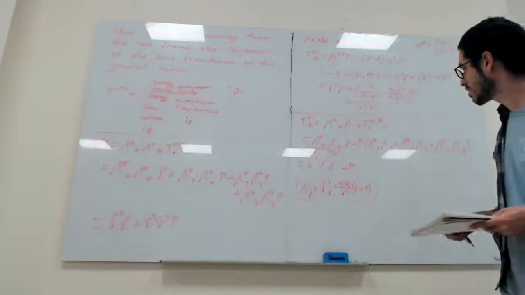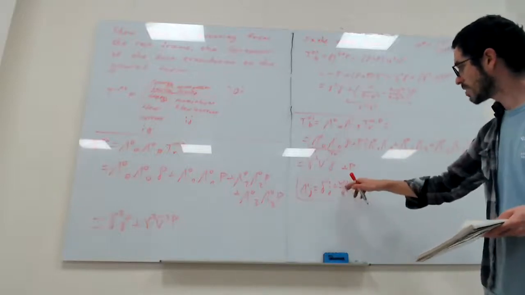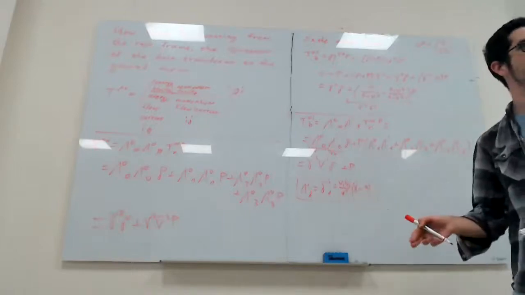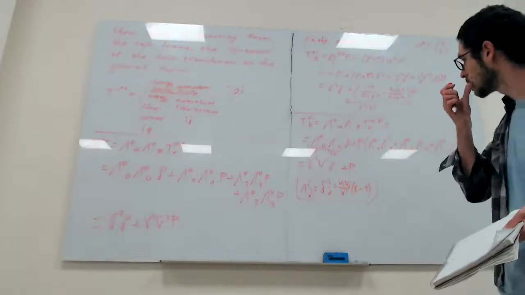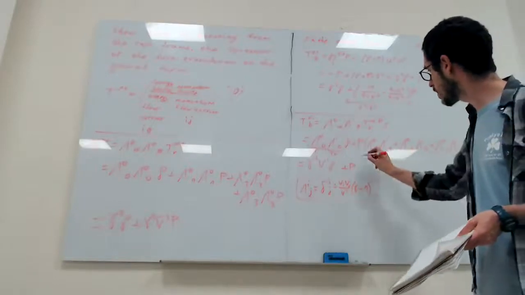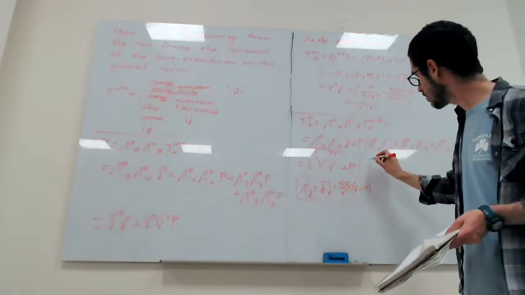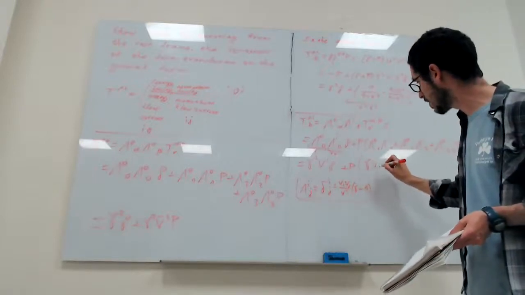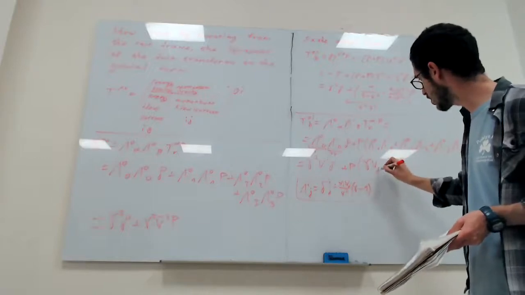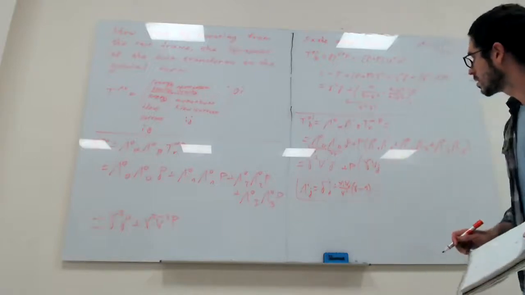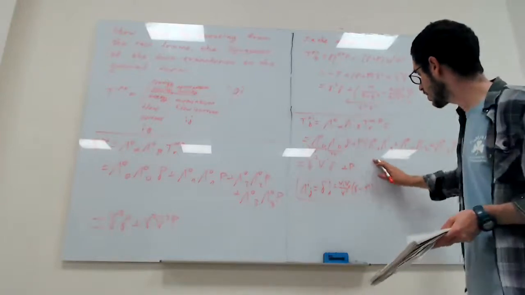So we have this part, but we sum over vi and vj, right? Over all ij. So we have 0,1, 0,2, 0,3. Each one of them gives me gamma vi, gamma vj. Okay, let's do one more step.